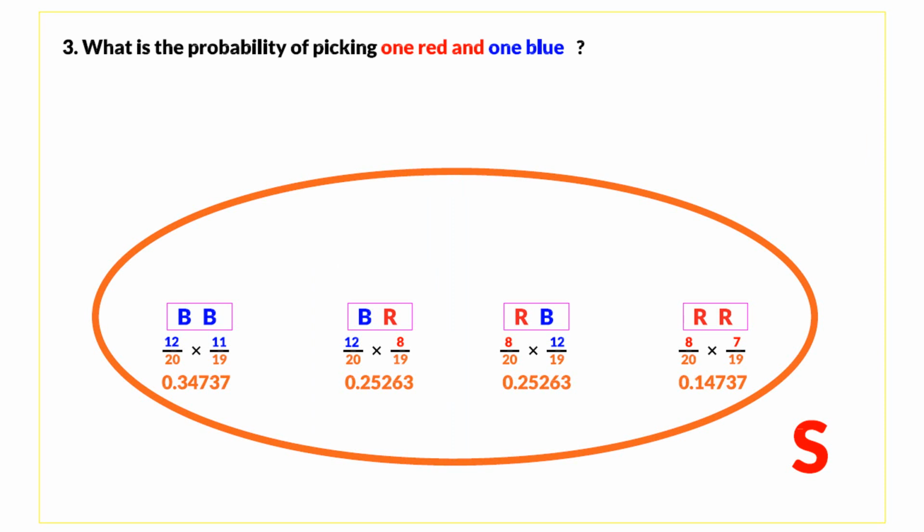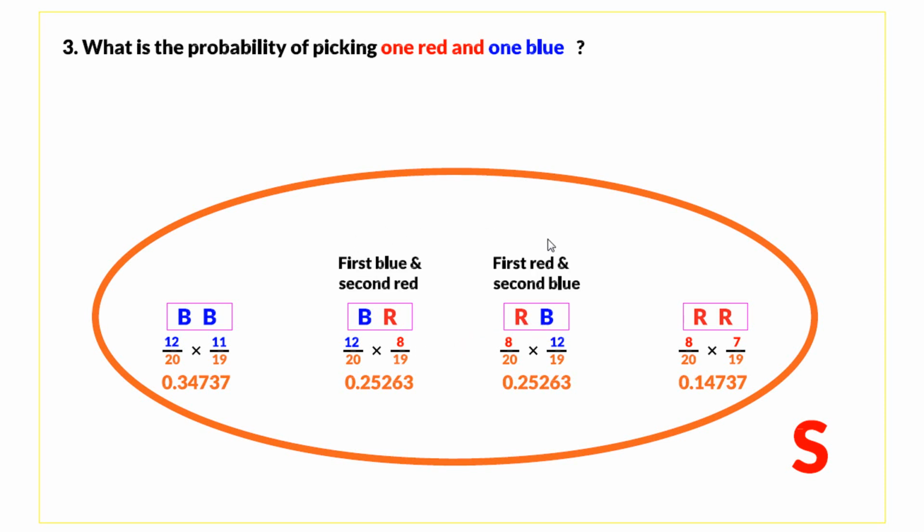Question number 3. What is the probability of picking one red and one blue? So we either pick one blue first and red second, or one red first and one blue second.